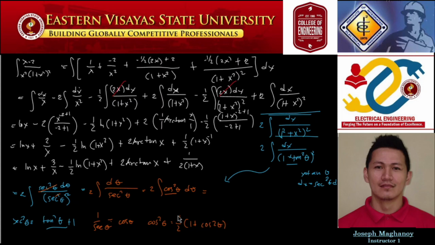Okay, so replace cosine squared theta with our identity. 2 integral of 1/2 times 1 plus cosine 2 theta d theta. Okay, so we multiply 1/2.